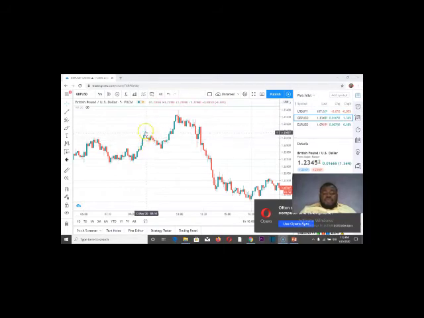Now once we see this, remember we said seeing an overhang or doji at the top of a trend, any of these doji candles or hammer or all of that, it shows you that okay, the market is getting a little bit weak and the trend wants to reverse, but we'll always wait for a confirmation candle after that.